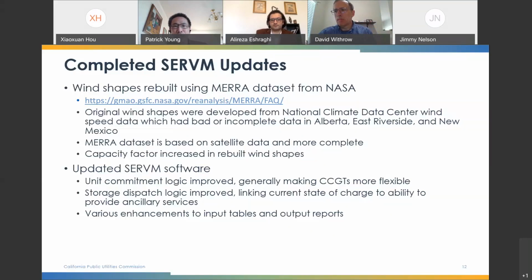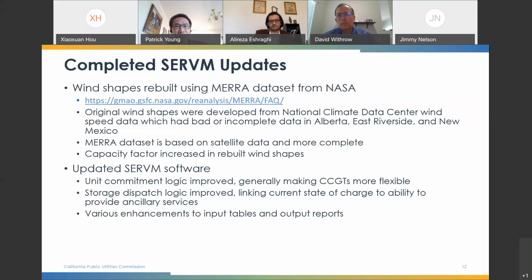You can find out more about the MERRA data set at the link you see on the slide here. The MERRA data set is based on satellite data and we believe it to be more complete. After we rebuilt our wind shapes, 20 weather years' worth of wind shapes, we checked the capacity factor of the wind shapes, and we found that it increased.